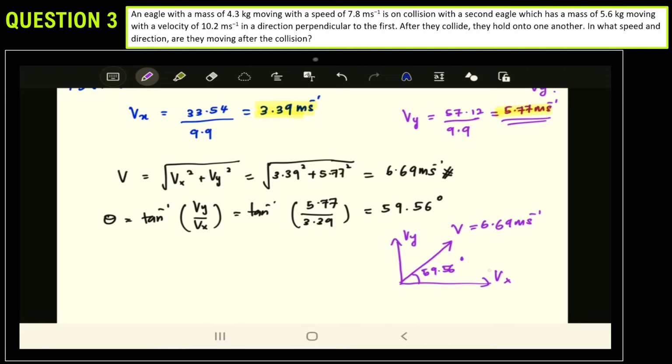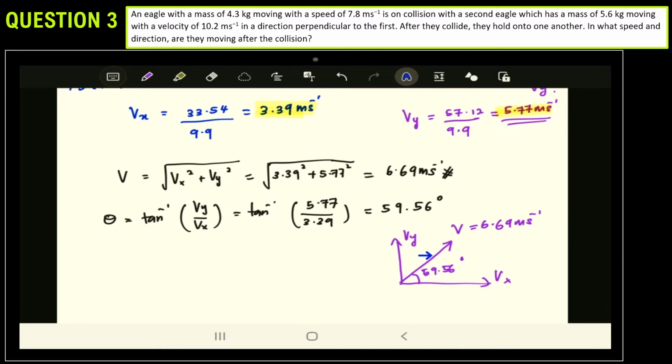So kita dapat tahulah dia bergerak ke sini. So means that kita boleh cakap the direction of motion is above the original path of the first eagle. Initially the first eagle is moving in this direction to the right, bergerak and collides with the second eagle, and what happened after the collision?